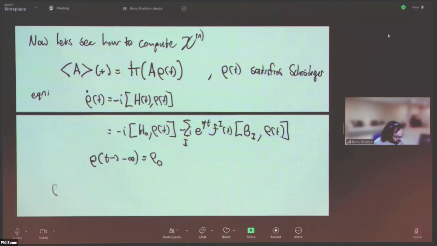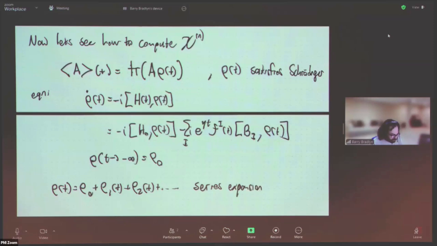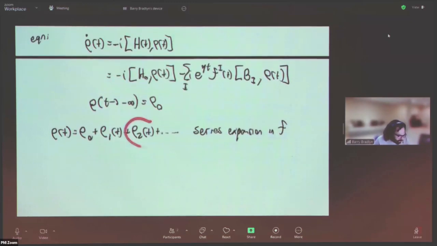We'll write rho of t as rho naught plus rho 1 of t plus rho 2 of t dot dot dot, where each of these rho sub i's depends on f to the ith order. And we can look at how each of these rho sub i's depends on time by looking at the Schrodinger equation and collecting terms of a given order.